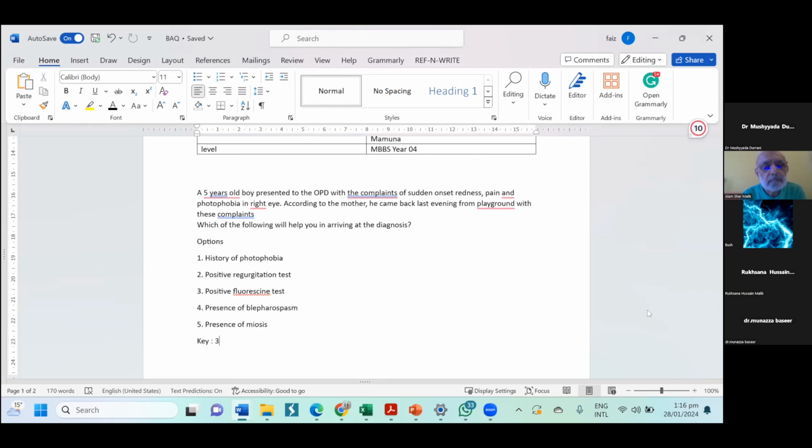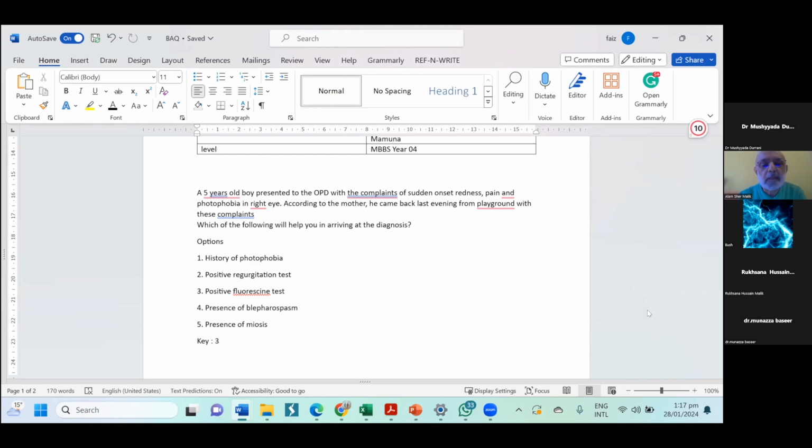Another condition that can produce red eye is nasolacrimal duct obstruction, in which case the regurgitation test would be positive. So potentially all of these can be correct, but in this particular case, because of the short history and pain, and the history of coming from the playground where trauma is likely to happen, the most correct answer would be positive fluorescein test, which would clinch the diagnosis of keratitis.